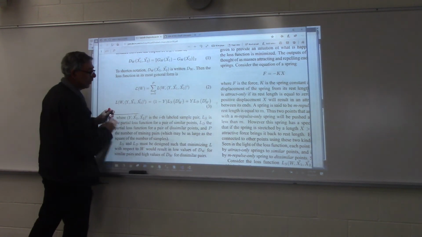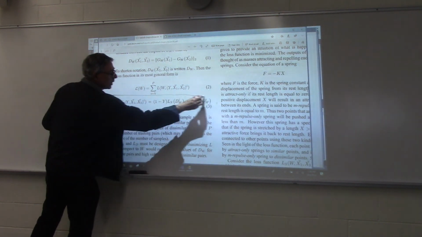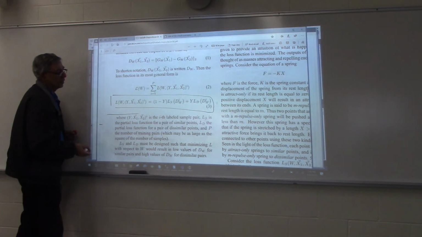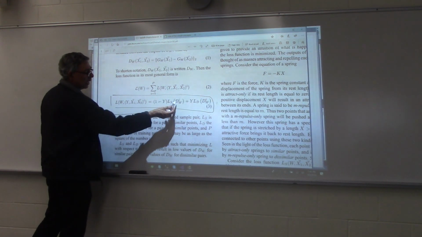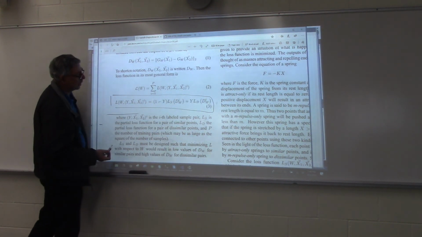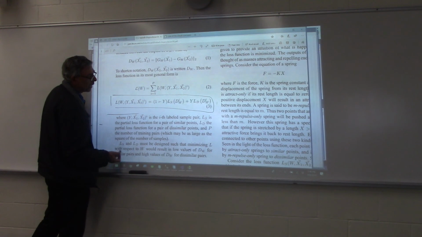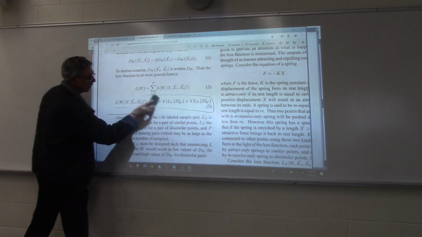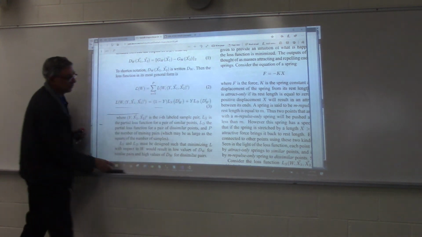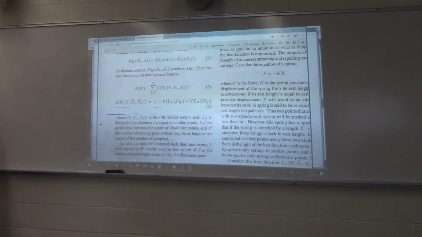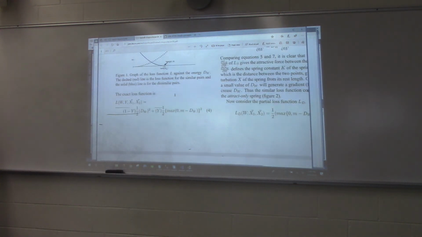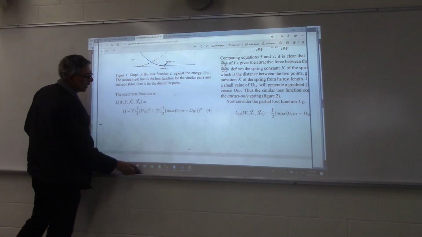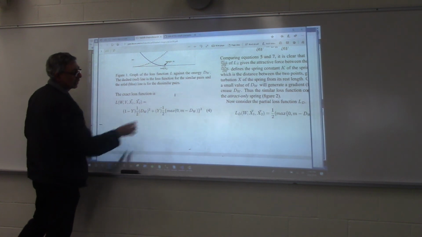There's a 1 minus Y, D_W. The only thing is they don't have a margin, which they described later on. Here's where they further defined it. This is what we just discussed, right?